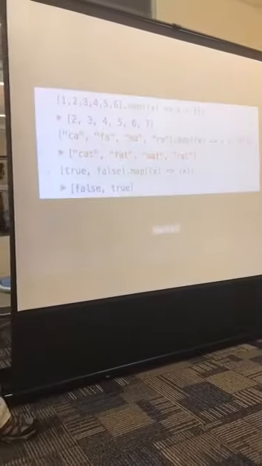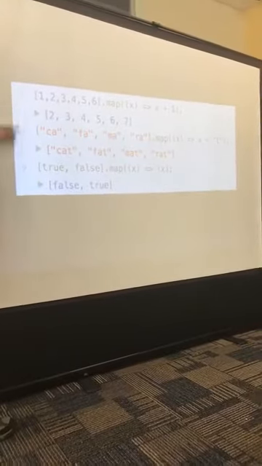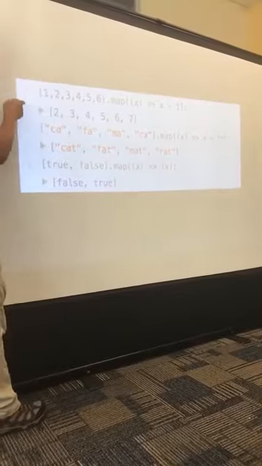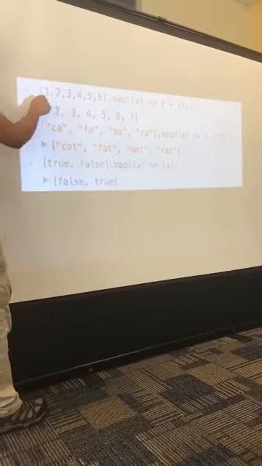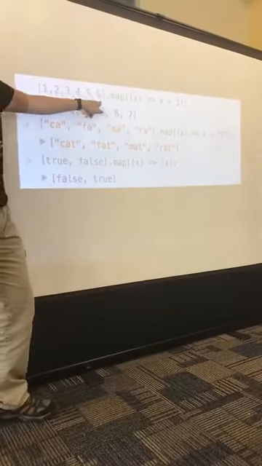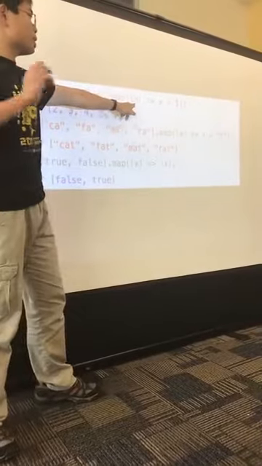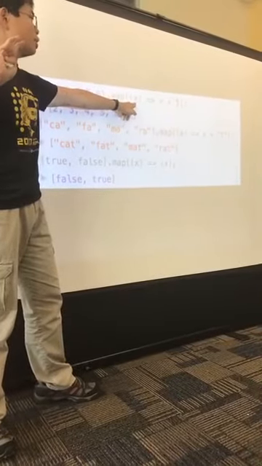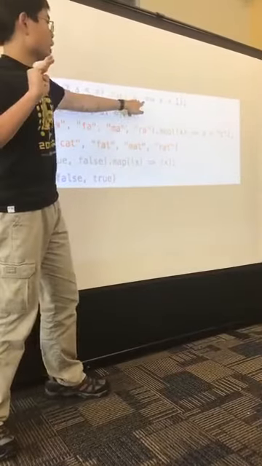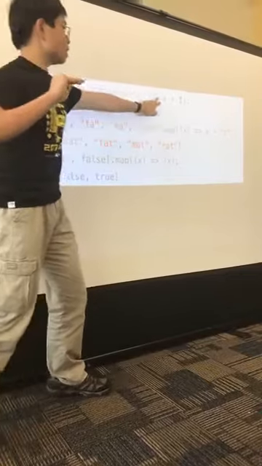So this is an example of a map operation in JavaScript. Say I'm getting an array of numbers, right? I have an array of numbers from 1 to 6, and say I want to increment every single number by 1. I have a function here where all I'm stating is I'm receiving some individual number, and what I want to do to that number is add 1 to it.